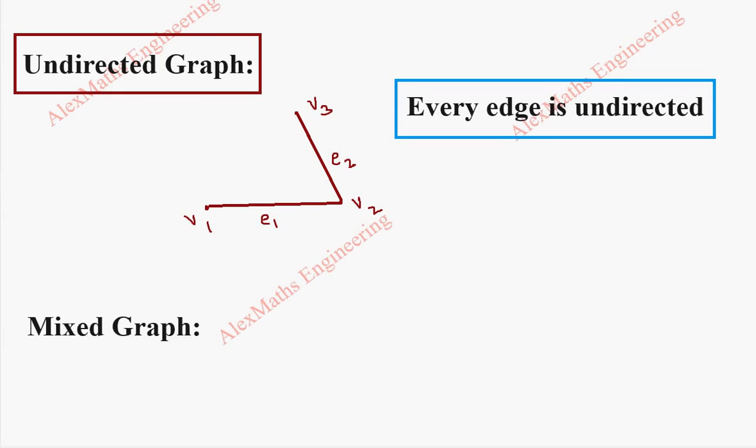We also have the mixed graph in which some edges are directed and some edges are undirected. Again we take the same example. We have vertex 1, vertex 2 and vertex 3, and we have the edges e1 and e2.